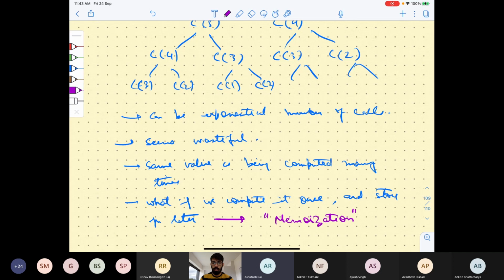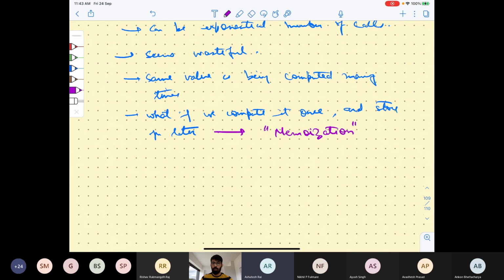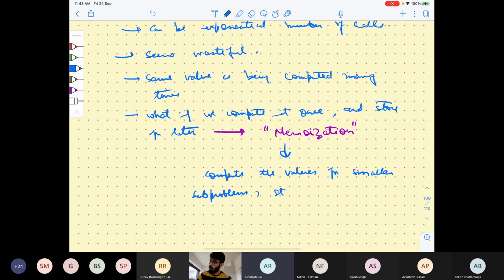Okay, good. So the idea is that we compute the value for smaller subproblems and store it globally, so that future recursive calls can access it, if calls are not needed, actually.